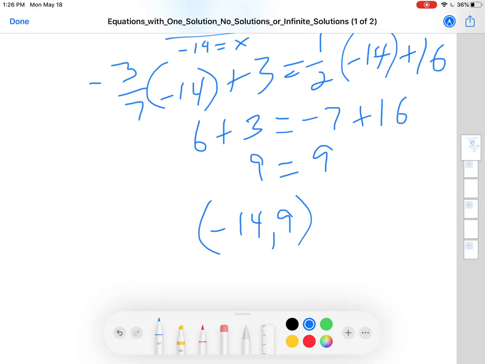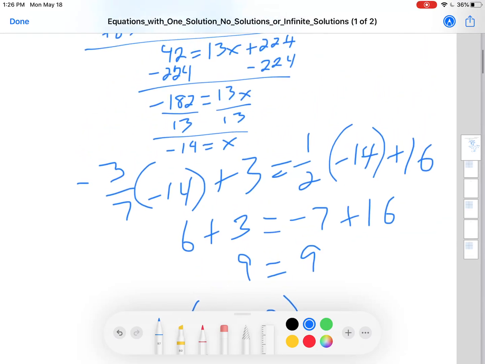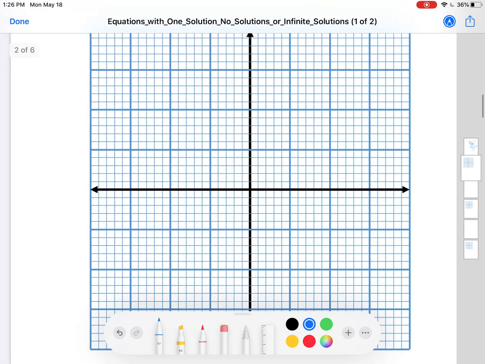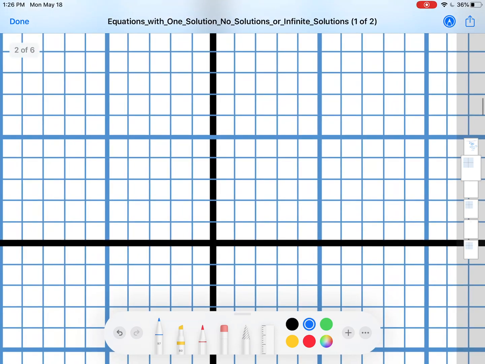What does this look like in a graph? Well, negative 3/7 x plus 3. So I go over to positive 3. Negative 3/7. That's less than 1, which means I go more to the right than I go down. So over 7, down 3.